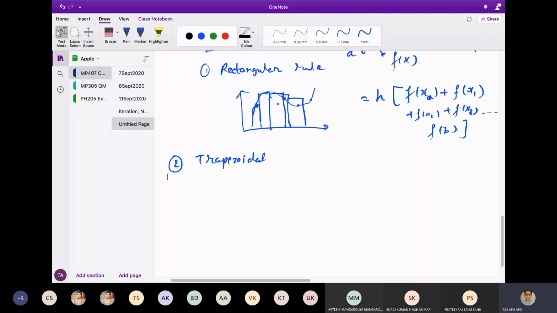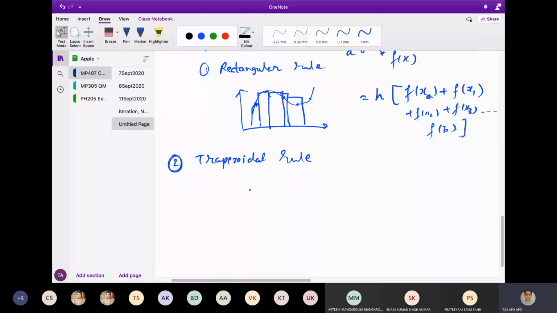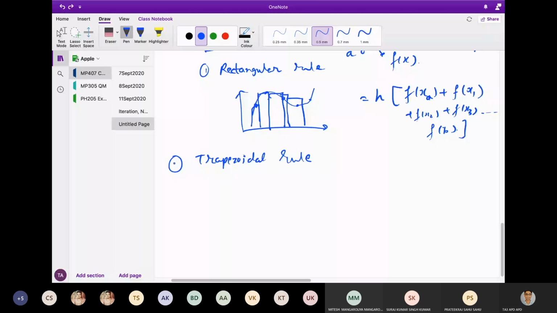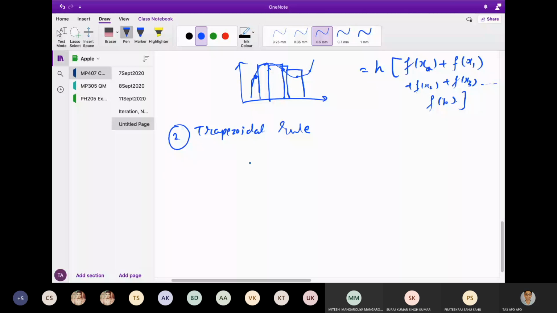Sometimes in NET or GATE examinations you may find questions from this. Mostly what I have seen is trapezoidal rule or Simpson's one-third rule. They do ask these questions from numerical integration.